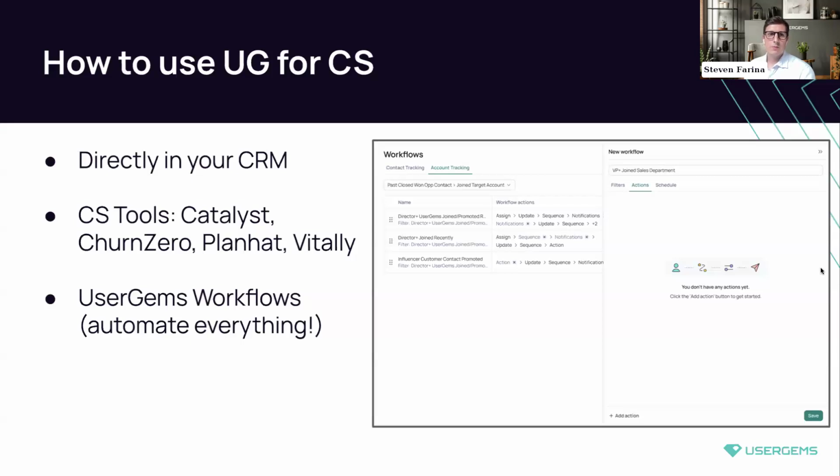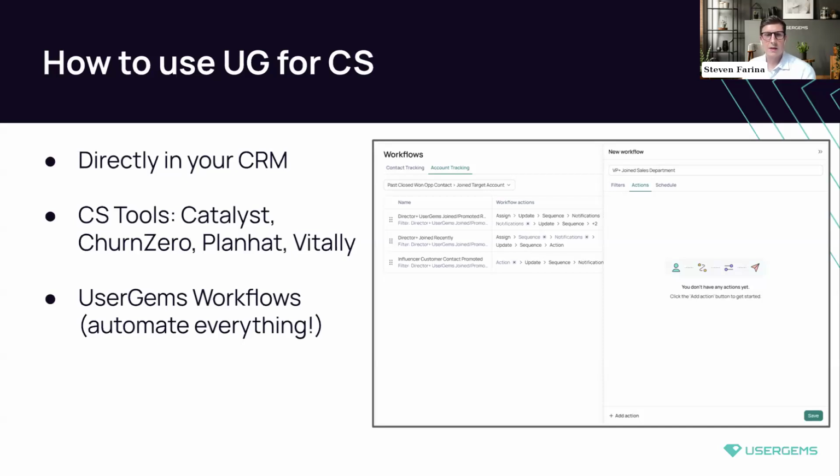Great. So there are a few different ways that you can use UserGems for CS use cases. First and foremost, you can set up notifications or workflows directly in your CRM, whether that be Salesforce or HubSpot, and we can talk about what that would look like. I think most customers I talk to usually have some sort of CS platform, like Catalyst, Gainsight, ChurnZero, Planhat, Vitally, you name it.